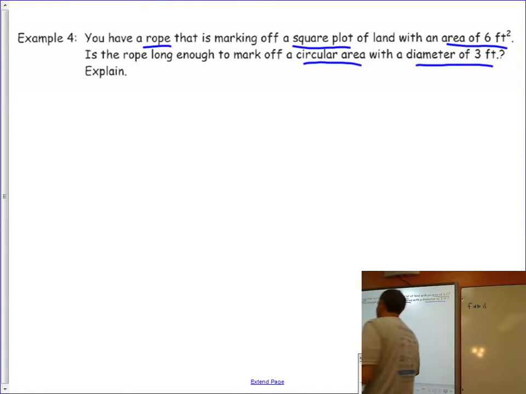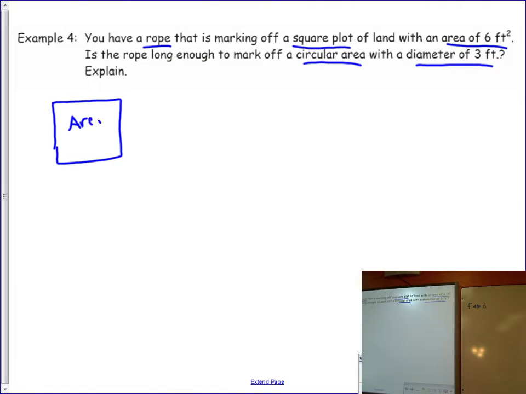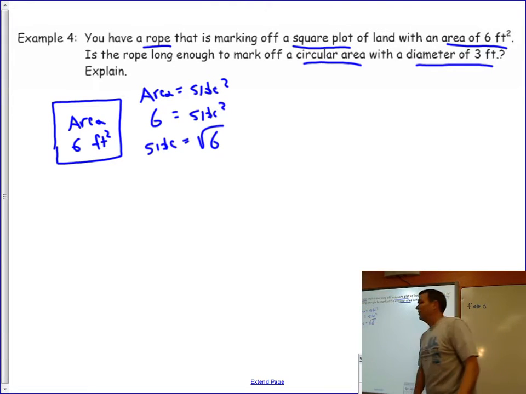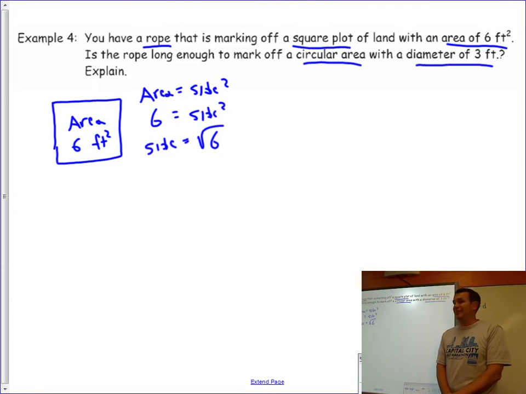So let me start with the square. If I know the area of the square, can I figure out the side length? Absolutely. And if I know the side length, can I figure out how long the rope is that goes all the way around the square? I think I can. So the side length is going to be the square root of 6.